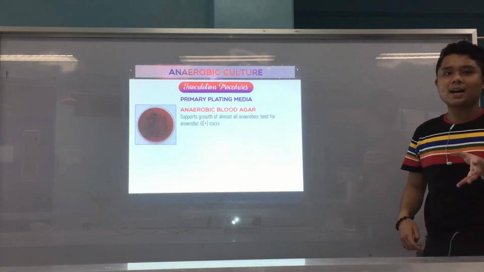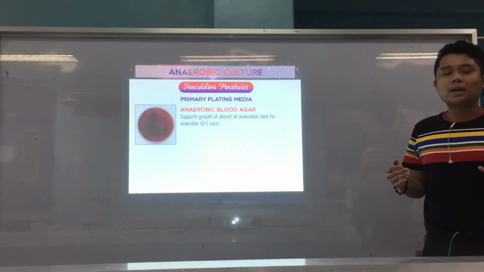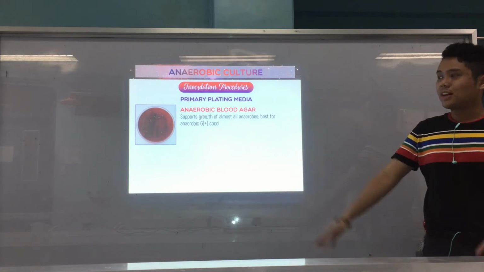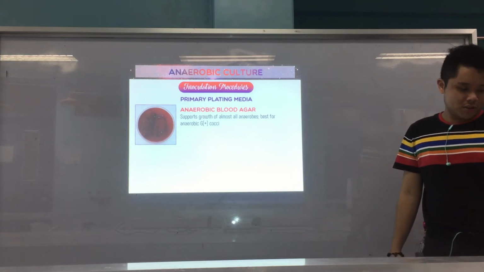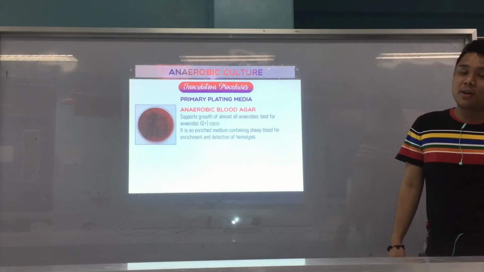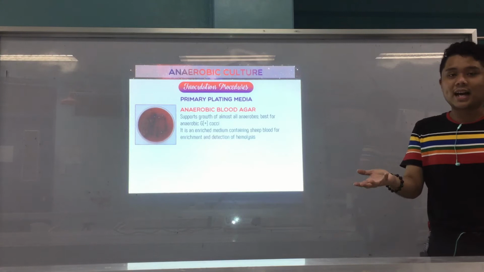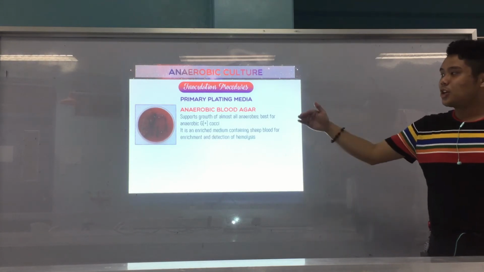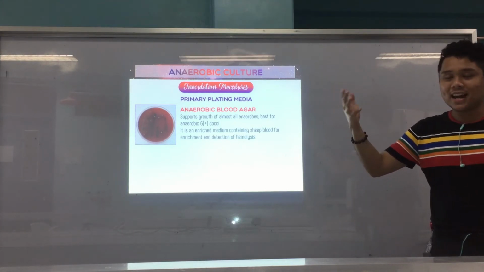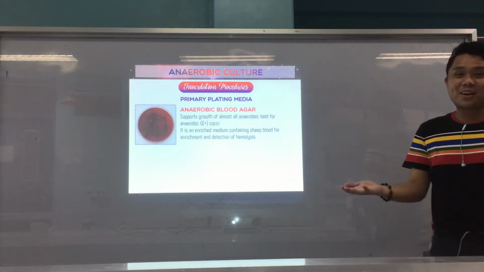It's an enriched medium containing sheep blood for enrichment and detection of hemolysis, still the same as the normal routine blood agar. The point is just that it is incubated in an anaerobic environment.